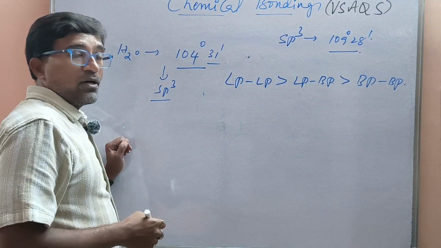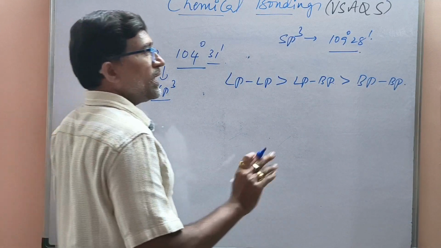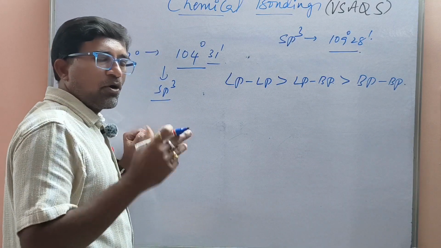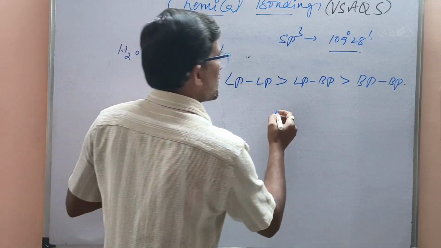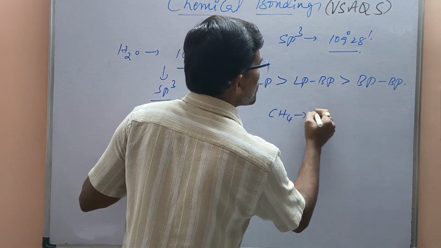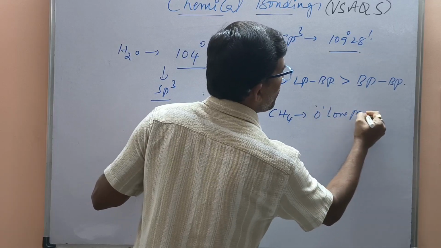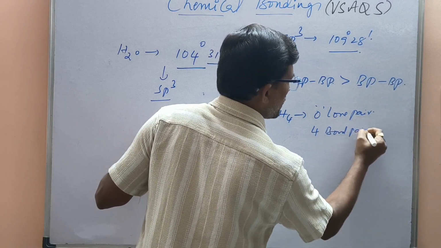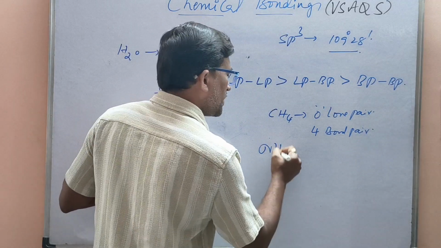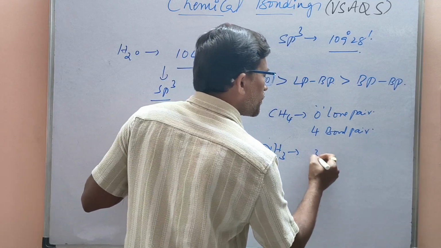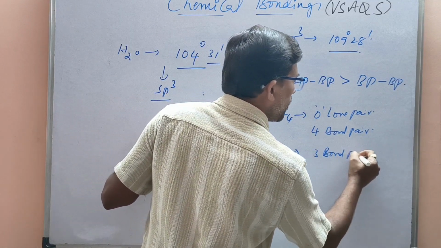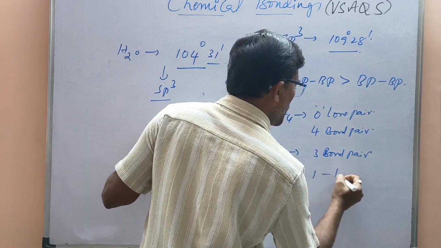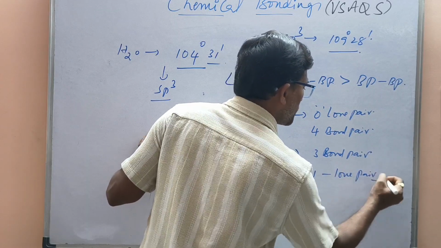In the case of methane, we don't have any lone pairs. We have only bond pairs. So in methane, we have 0 lone pairs and 4 bond pairs. In the case of NH3, we have 3 bond pairs and 1 lone pair.